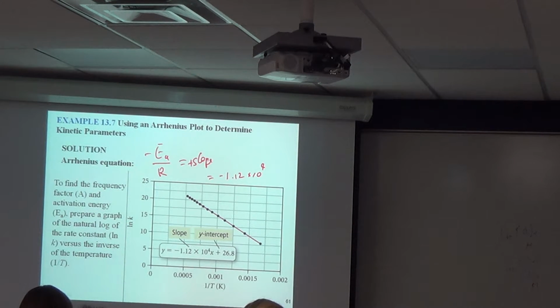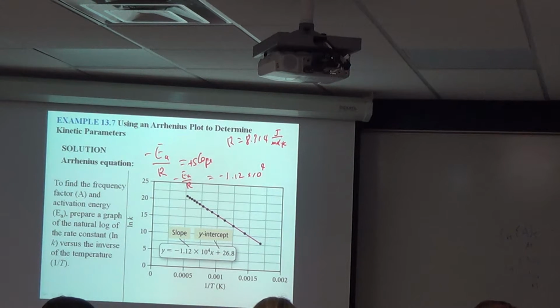Yeah. And on this side, you still have this negative EA divided by R. And we know R equals 8.314, and it's joule over mole over Kelvin. So you just see this number and replace the R by the R. Okay.